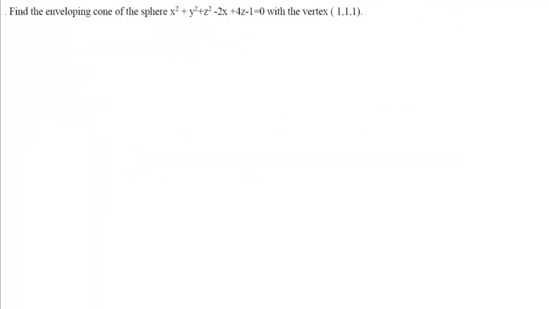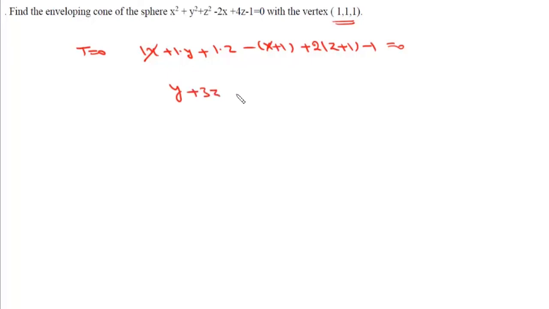Now the question is, find the enveloping cone of this sphere with vertex at (1, 1, 1). Now if we find T equals 0, T equals 0 will be 1x plus 1y plus 1z minus (x plus 1) plus 2(z plus 1) minus 1 equals 0. So in this equation, x and x will cancel, and we'll get y plus 3z equals 0.